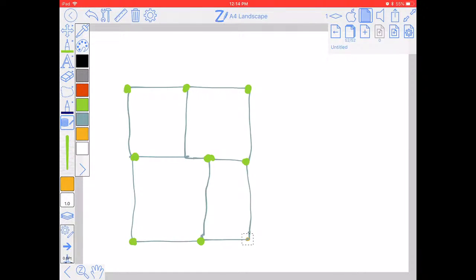The green lines are column locations, and the gray lines are beam locations. So here I'll draw this beam, and this beam. These are the dimensions, 3 meter by 3 meter.